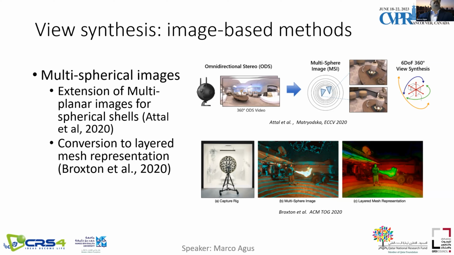So in case of the standard interaction, you are not allowed to perform translation of the viewpoint because you would see parts of the scene that are occluded in a wrong way.